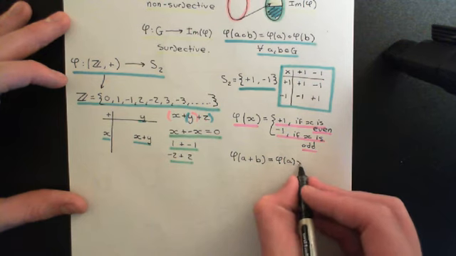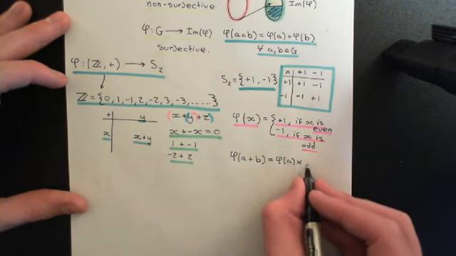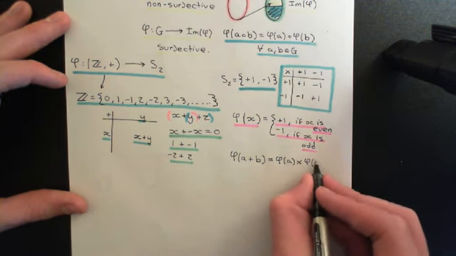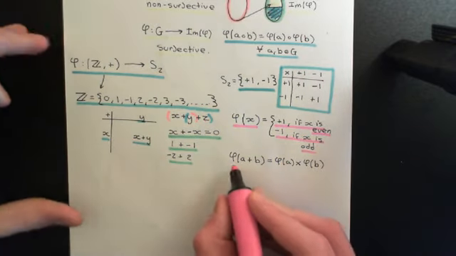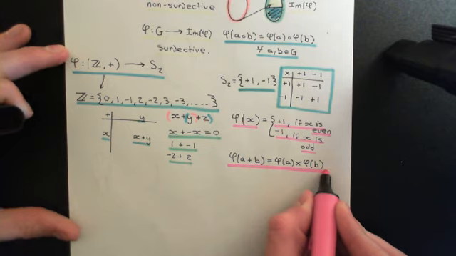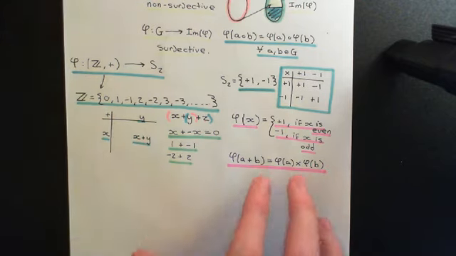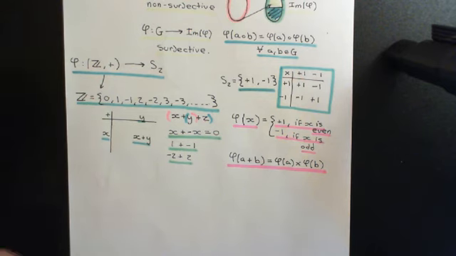Now, what's composition called in the codomain group? Well, it's called multiplication, so I might as well replace that with a multiplication symbol. So I want to prove that phi of A plus B is equal to phi of A times phi of B. Okay, so how am I going to do that? Well, I'm going to split it up into 3 separate cases.